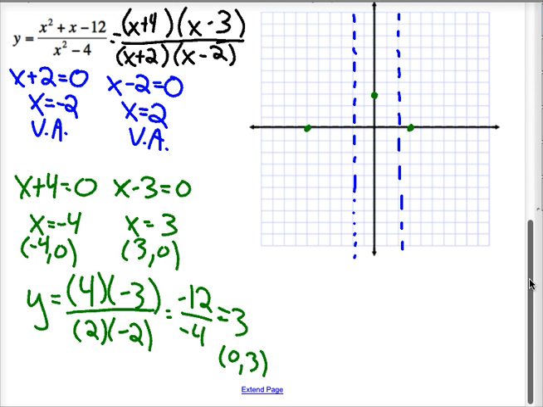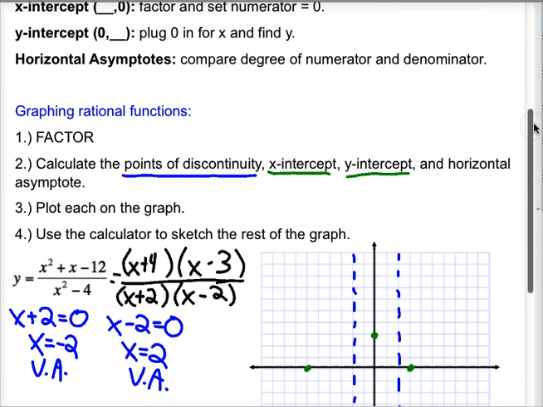All right, one last piece that we need to look at. The horizontal asymptote. Remember, the horizontal asymptote comes from comparing the degree on the top to the degree of the bottom. Here is that same over same case. Remember, that means you take the ratio of their leading coefficients.